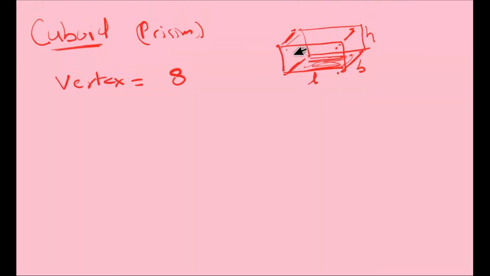Okay. Now these lines are known as edges. Can you count them? Number of edges: 1, 2, 3, 4, 5, 6, 7, 8, 9, 10, 11, 12. So here edges are 12.